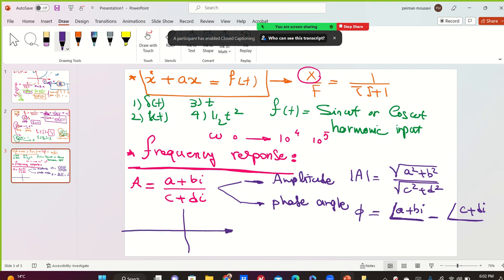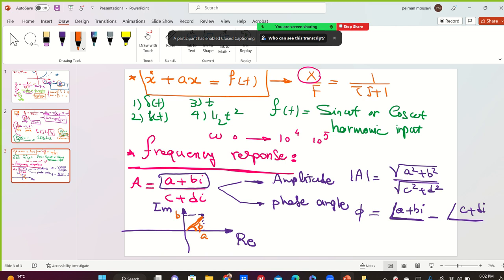If this is the real axis and this is the imaginary axis and you have a number here, with real part A and imaginary part B, the phase angle of this is going to be this angle, let me say phi.